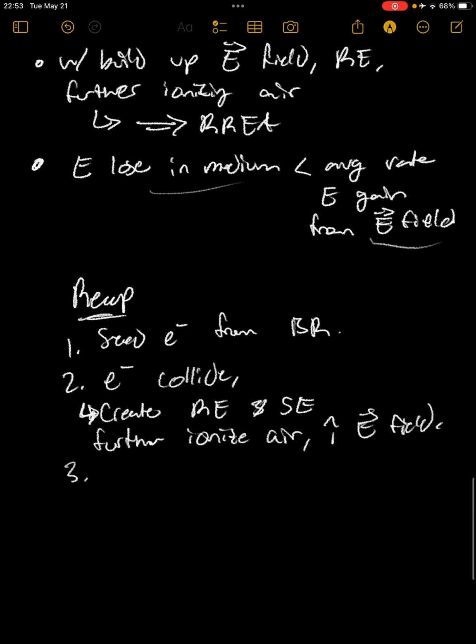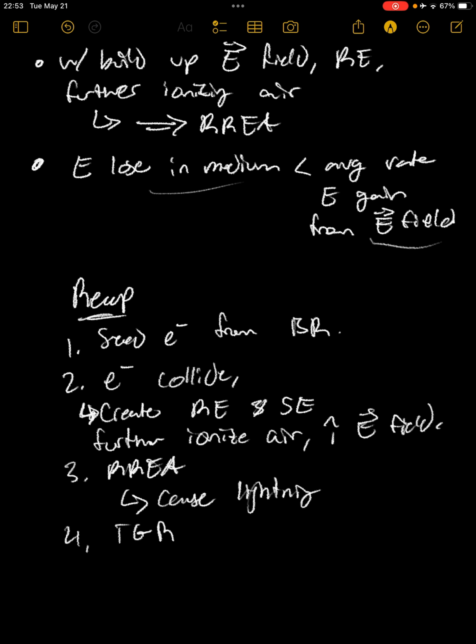We then see that this continues, potentially creating an RREA, and then it will potentially overcome the insulating properties of our atmosphere and cause lightning, and from there we can see those terrestrial gamma rays. Great.